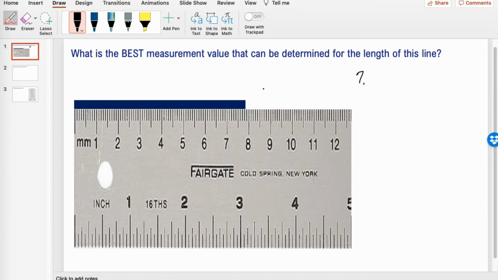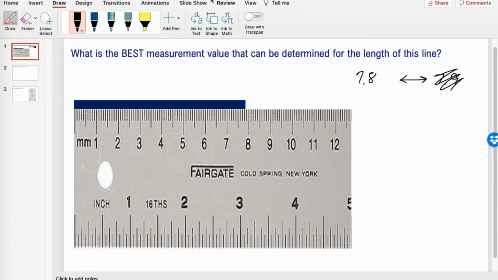So before we do anything else, we realize that the answer is somewhere between 7.8 and 7.9. It's not on this 9 mark, so we can automatically realize that that shouldn't be an answer. So our final answer should be 7.8 something.